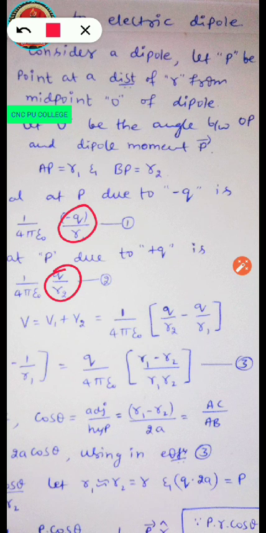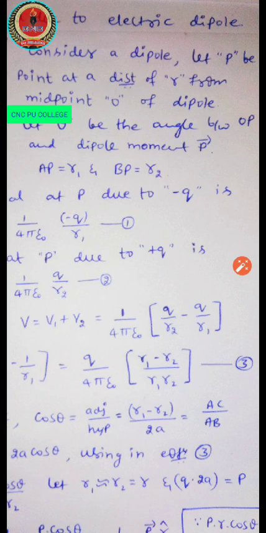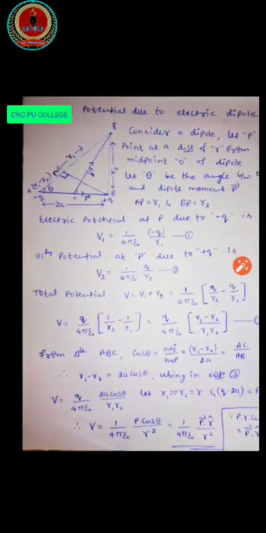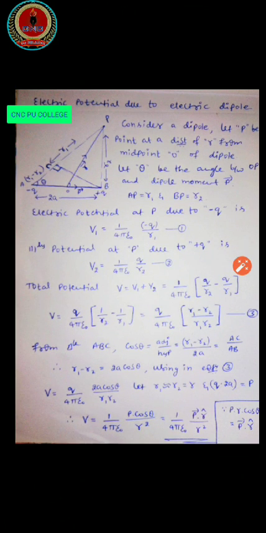So we can take Q also common. So we have V is equal to Q by 4 pi epsilon naught times (1 by R2 minus 1 by R1).